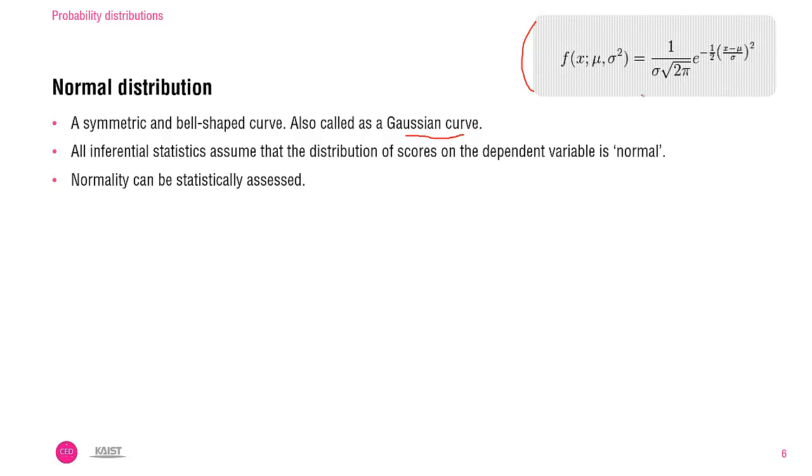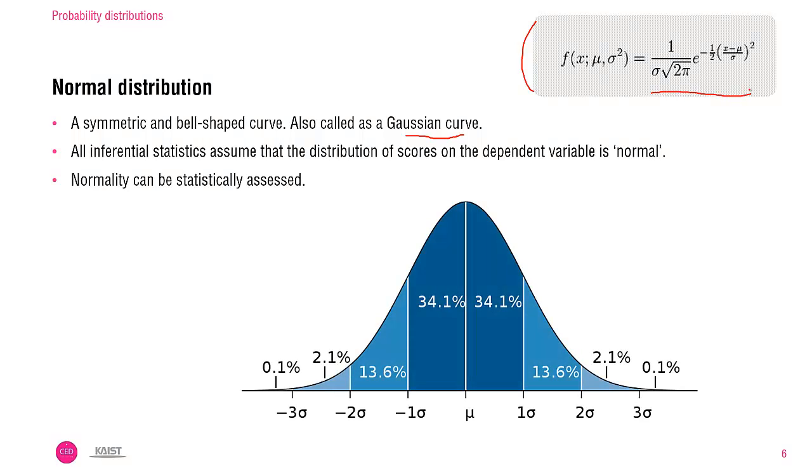But if you draw the function based on this mathematical formula, then this will appear. The dark blue is within 1 standard deviation, within here. Sigma is the standard deviation we learned.